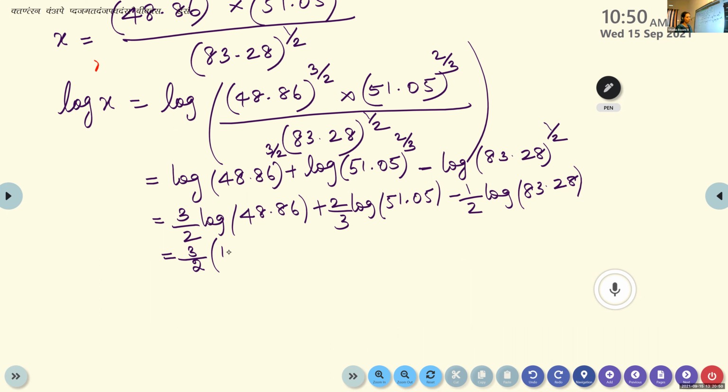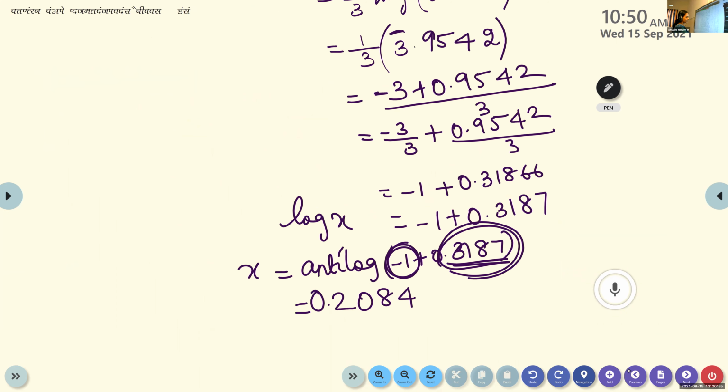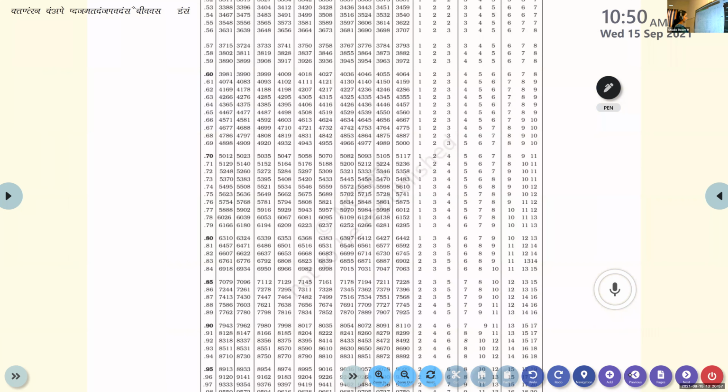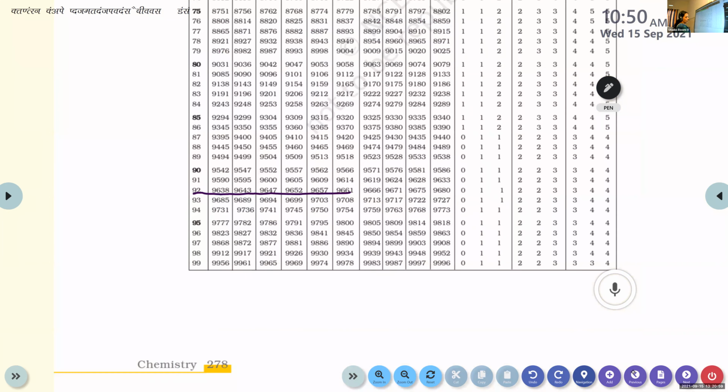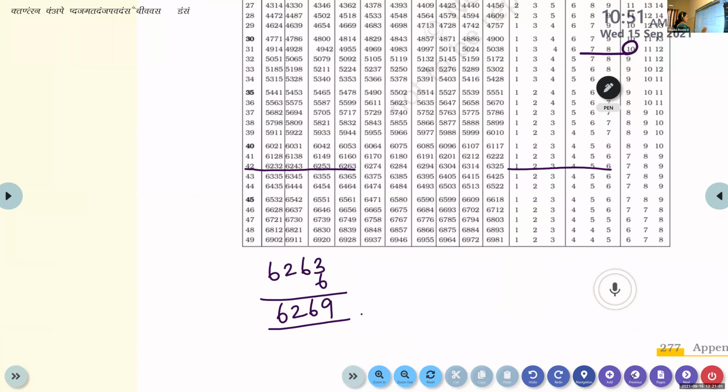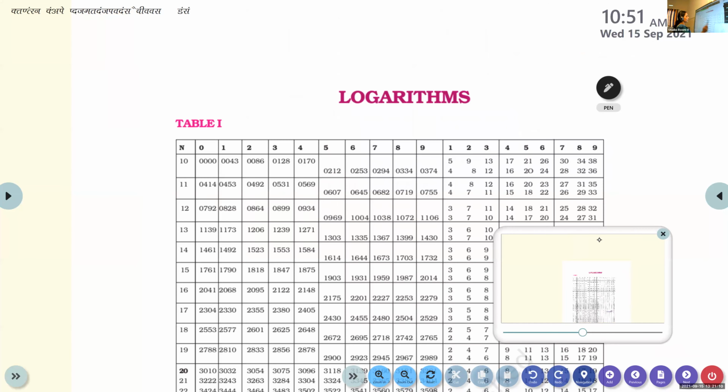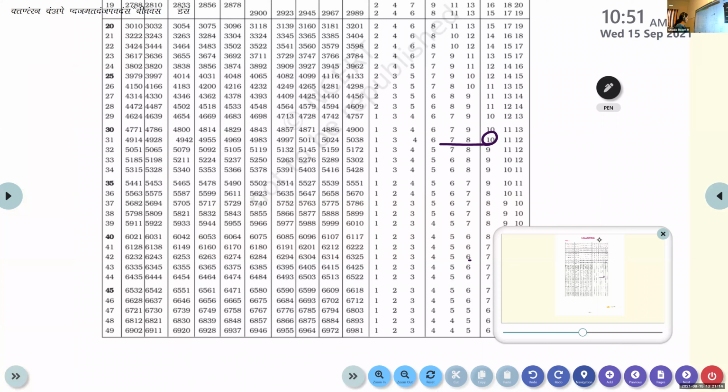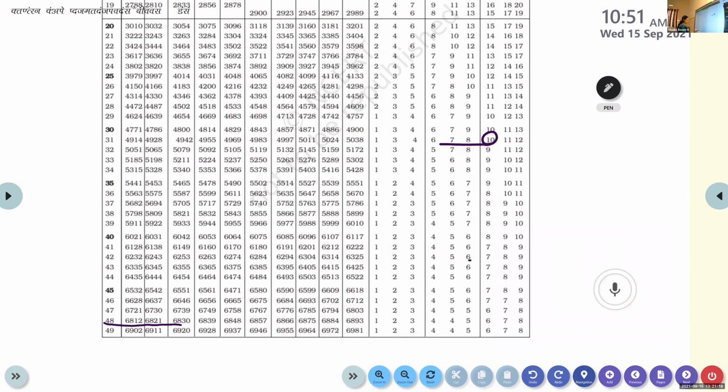Now take the log of 4886. So 488, then 0, 1, 2, 3, 4, 5, 6, 7, 8.